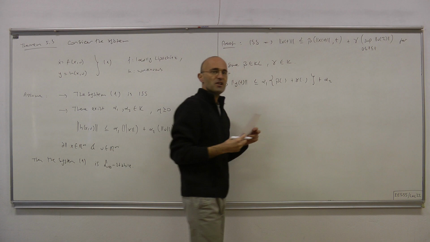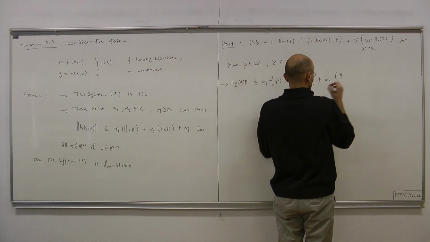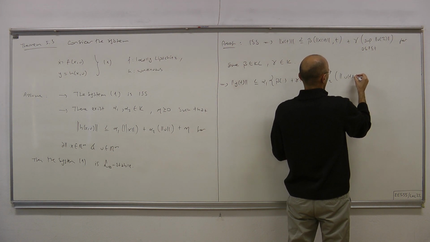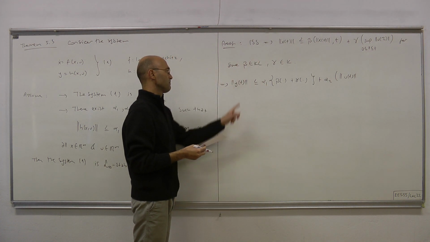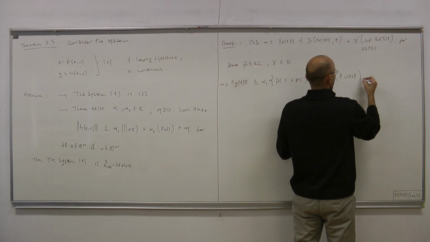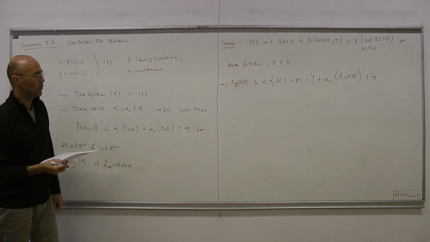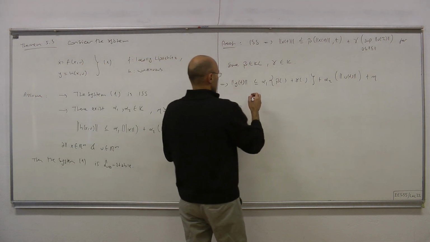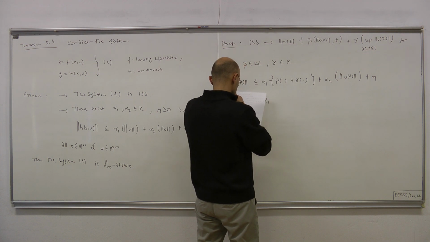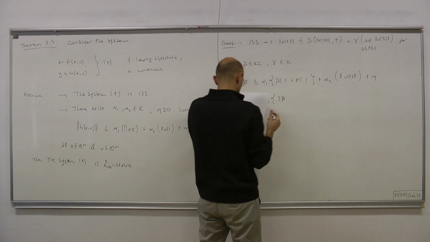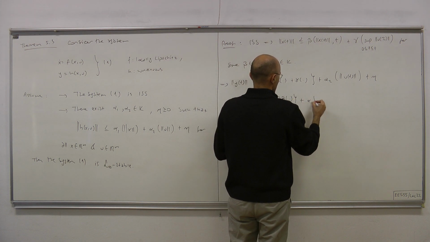Plus we have the second class K function alpha 2, and that includes the norm of the input at the particular time t. And plus we have the constant eta that comes with that condition. Then this is less than or equal to alpha 1 of 2 beta plus alpha 1 of 2 gamma.